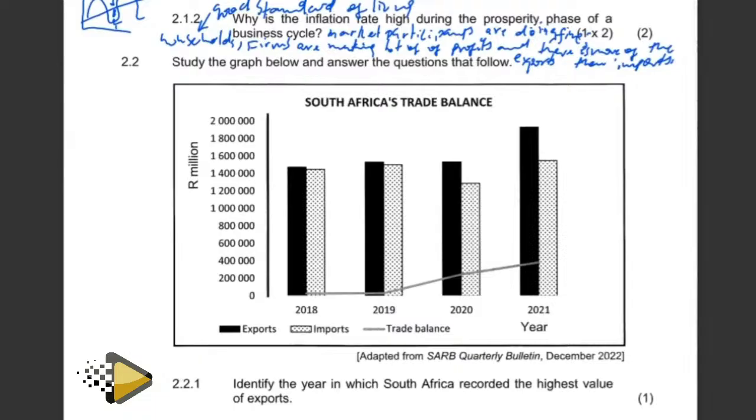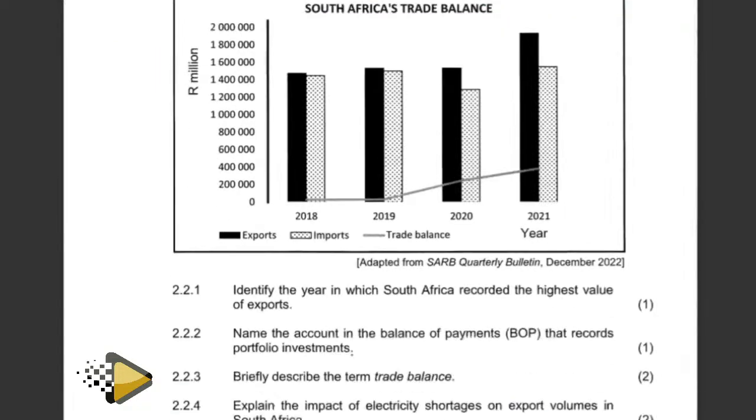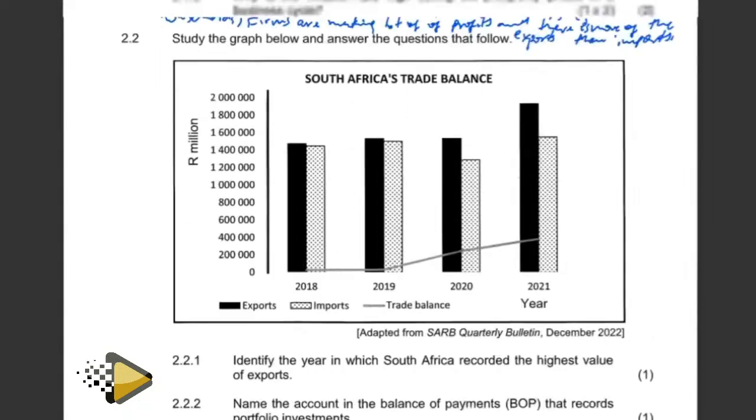The next question that we have is 2.2, and 2.2 reads as follows. Study the graph below and answer the questions that follow. So grade 12, the moment you are given a diagram like this under economics, you should always make sure that you identify yourself with the concepts given, and also make sure that you understand the axes given, either the y-axis or the x-axis.